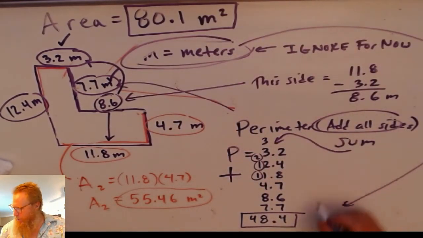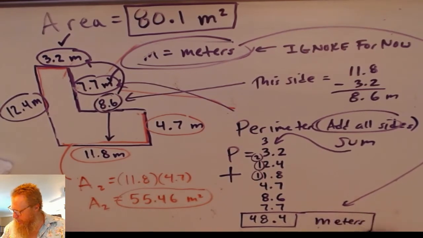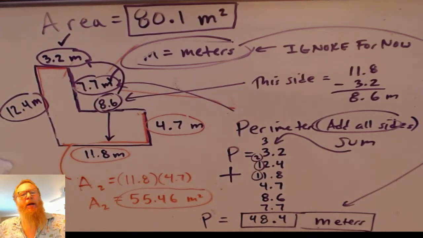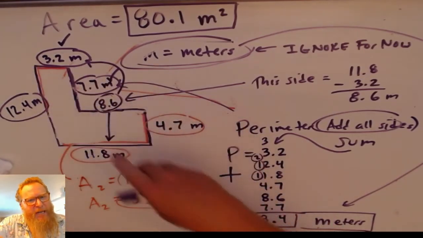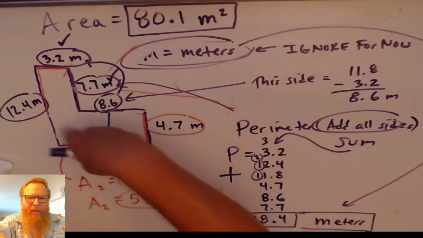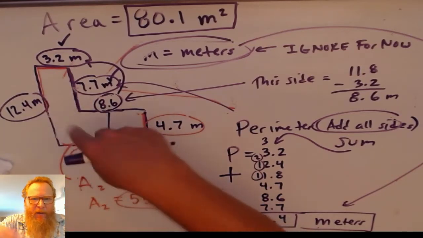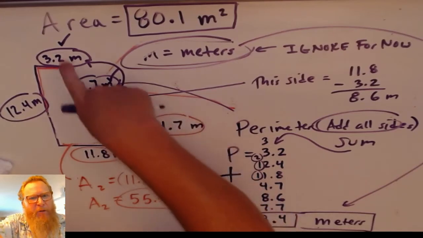These are not square. These are just regular meters. So your perimeter is 48.4 meters because it's measuring the length of all of the sides as if this were maybe a piece of property, out in the middle of the desert or something, and you have to put a fence around it.